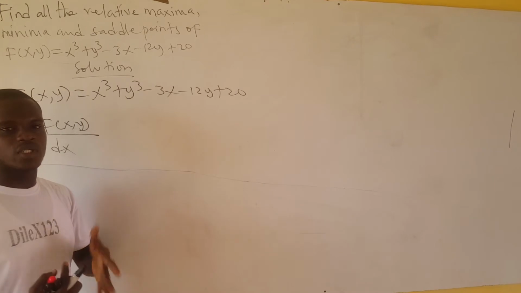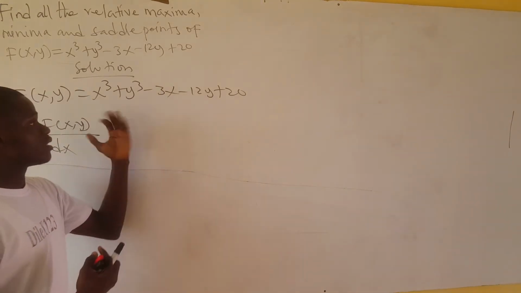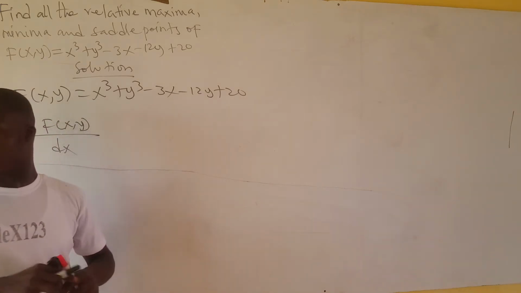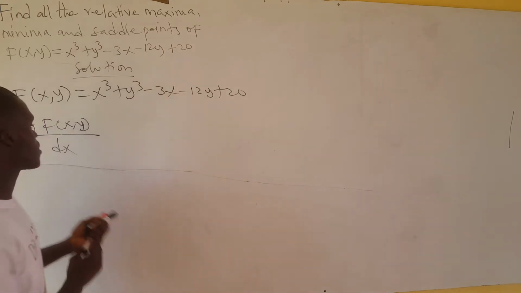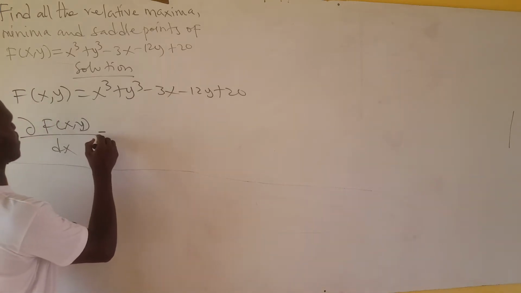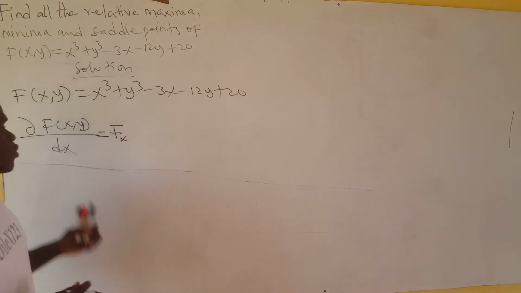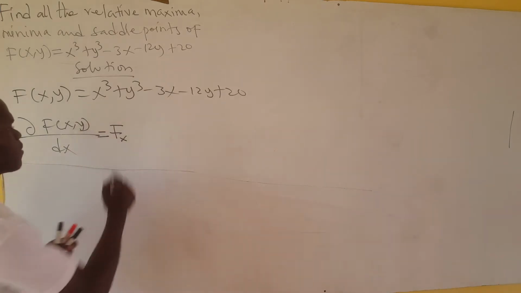Although in normal differentiation we would have been able to differentiate this, over here we see y as a constant when differentiating with respect to x, and when differentiating with respect to y, we see x as a constant. So let's find it. This is the same as fx. We can write it this way, we can also write it this way. They are the same thing.